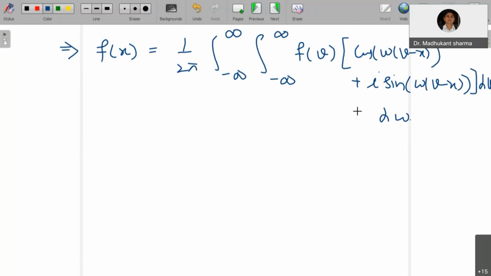I hope you are comfortable with this i. Right now we are just using that to represent a complex number. We are not doing anything more than that.